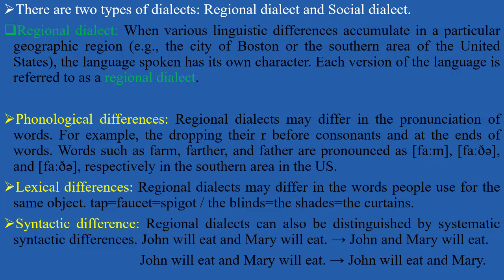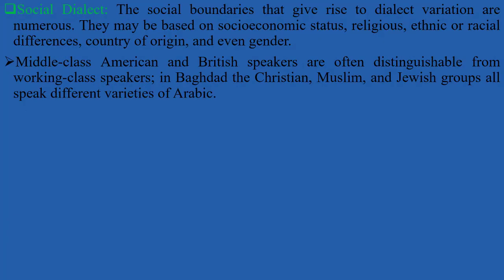That is, they have the same meaning. So these are the differences in terms of syntax that are reflected in each regional dialect, especially in the United States. These differences may also occur in other languages, not just English.